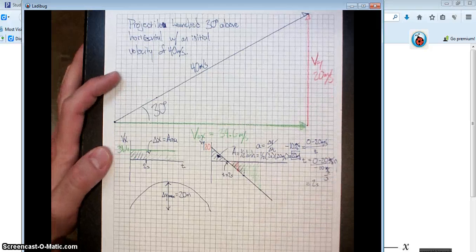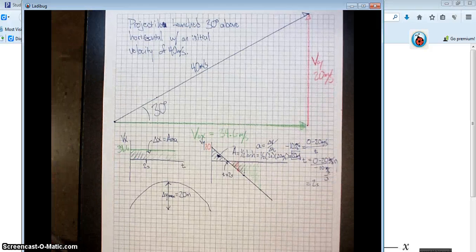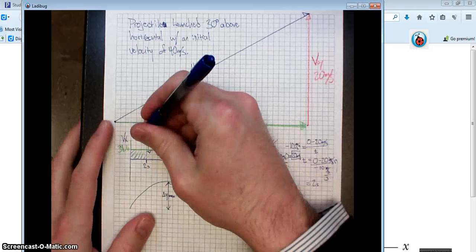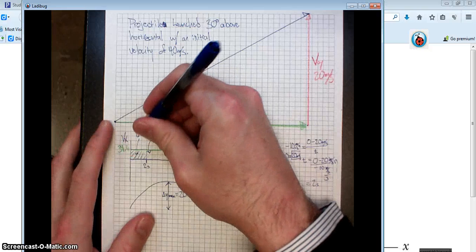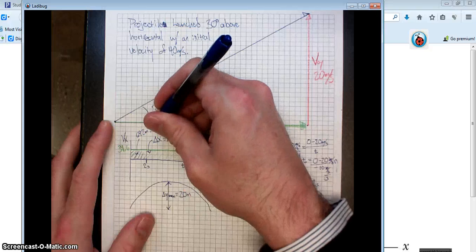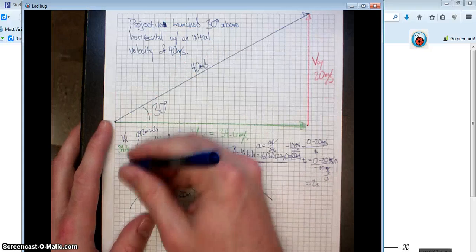So I can just take 2 times 34.6, and we're at 69.2 meters in the first 2 seconds. That's how far we would have gone.